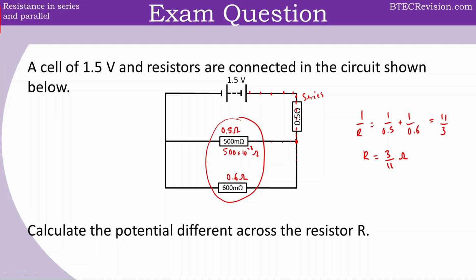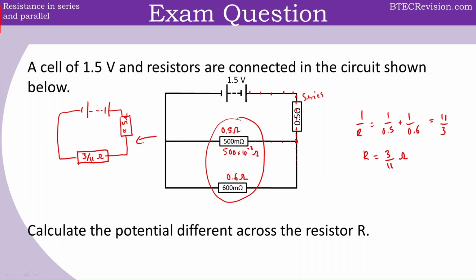So we can simplify the circuit by drawing, instead of the parallel connection, we can replace that with one resistor, which has a value of 3 over 11 ohms, and we can finish off the rest, which is a value of 0.5 ohms.